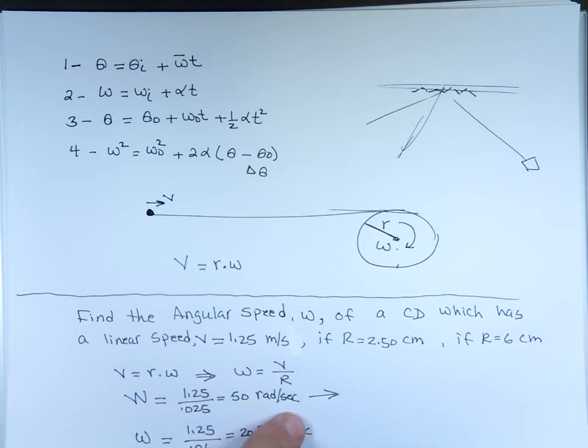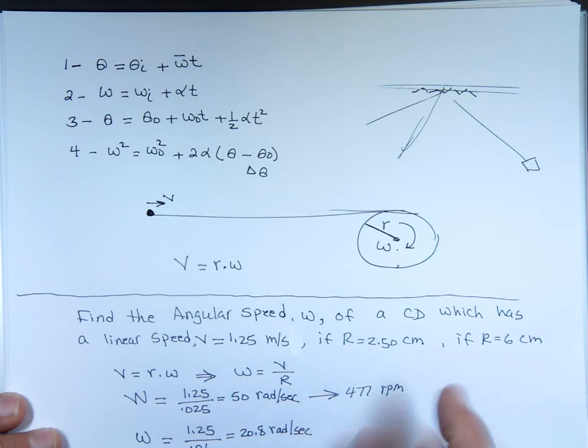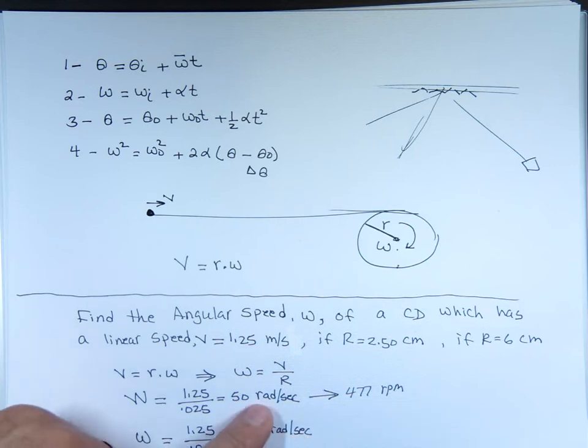This number is roughly about 477 RPM. So when you're reading on the inside, you're actually spinning much faster. But when you're reading on the outside, this is roughly about 199 RPM.